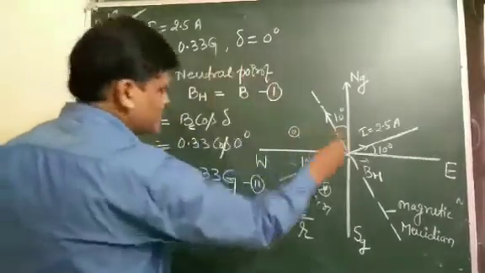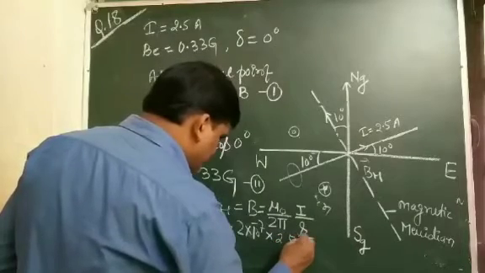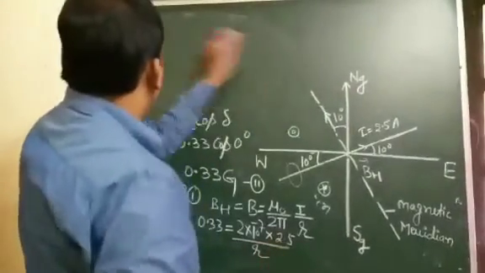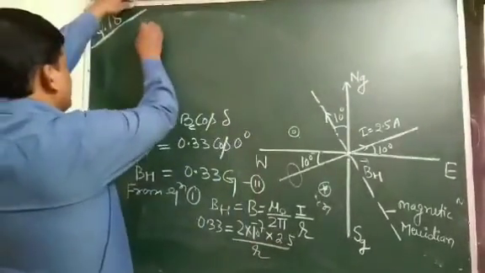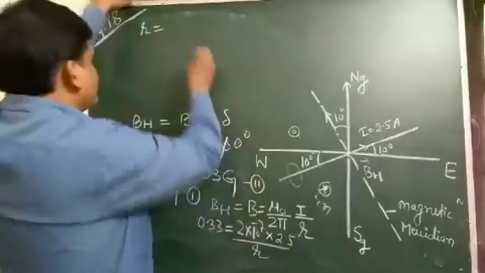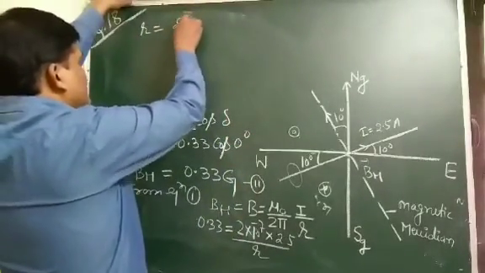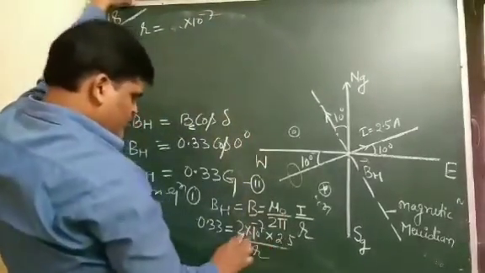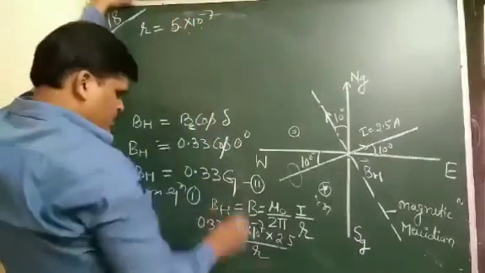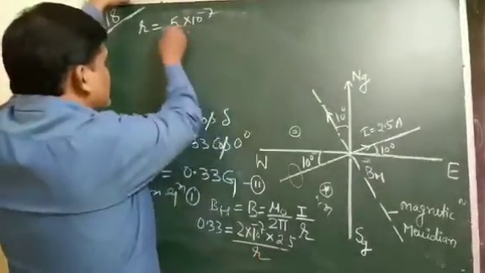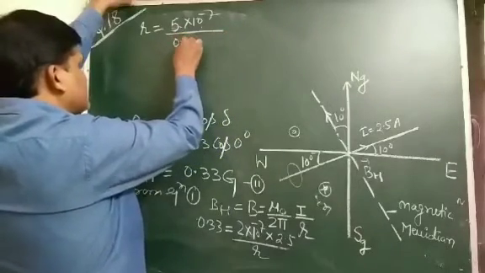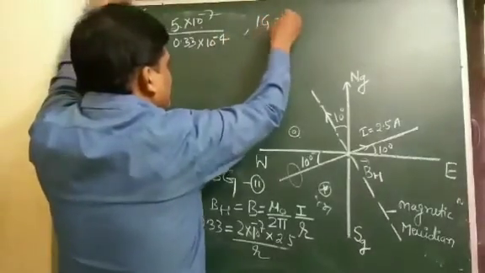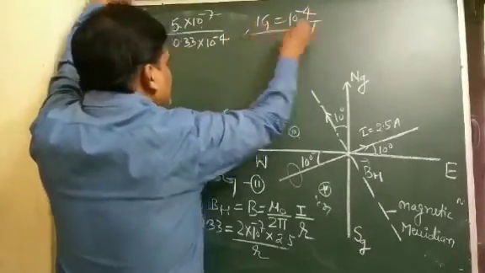I, which is flowing, is 2.5, and we have to find R. So R can be written as 2 into 10 to the power minus 7 times 2.5 into 2, that is 5 into 10 to the power minus 7, divided by 0.33 into 10 to the power minus 4, because 1 Gauss is 10 to the power minus 4 Tesla.